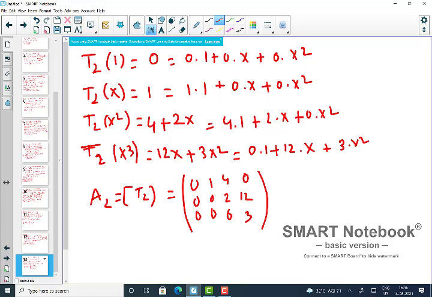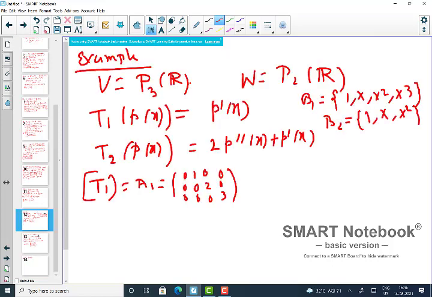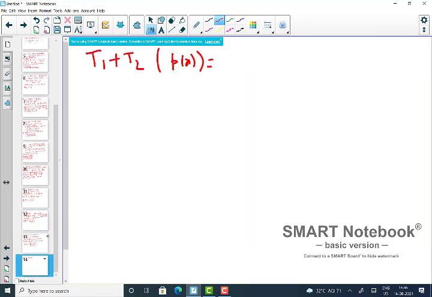Now we check that if we add those two matrices, that will be the matrix for T1 plus T2. But let me find it out separately. What will T1 plus T2 do to the polynomial? If we add those two things, you get 2p dash x plus 2p double dash x, right?